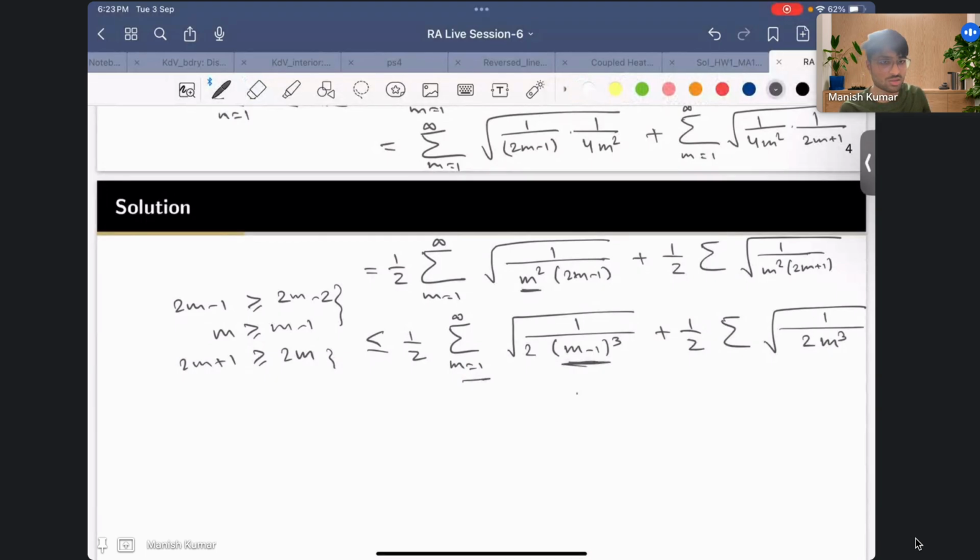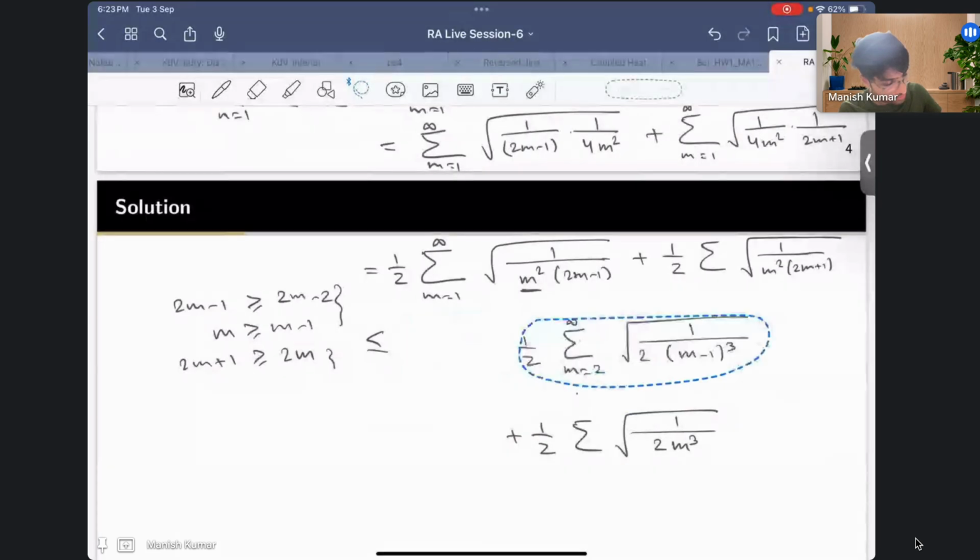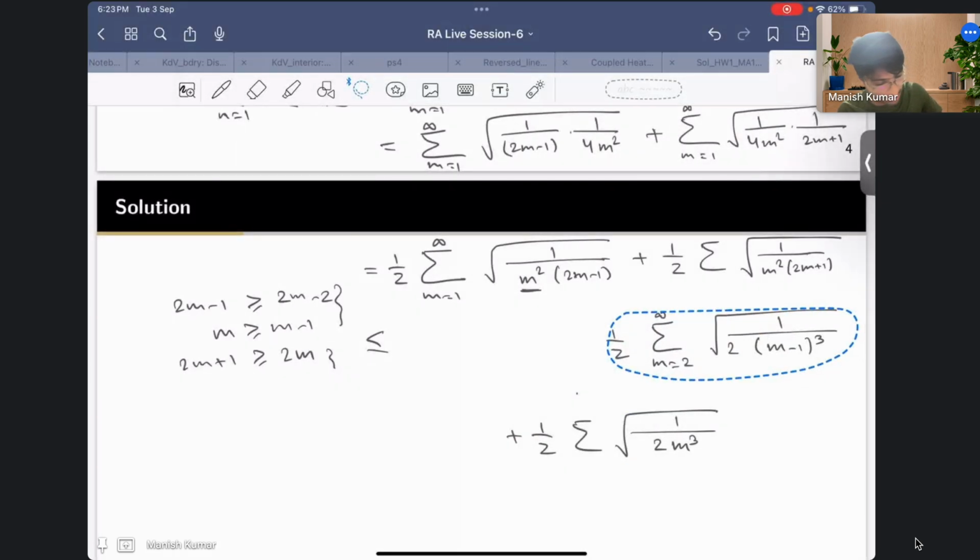So this is not a good bound. So what I can do is I'll start from m equals 2. Because I am using some bound which is not a good bound for this case, for m equal to 1, I'll just put it as it is.